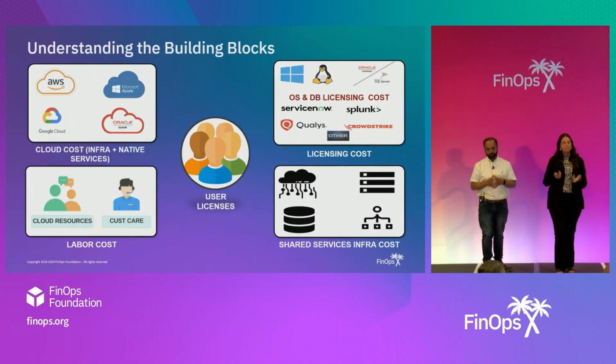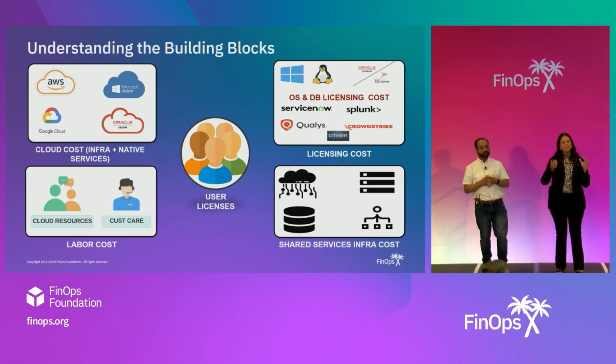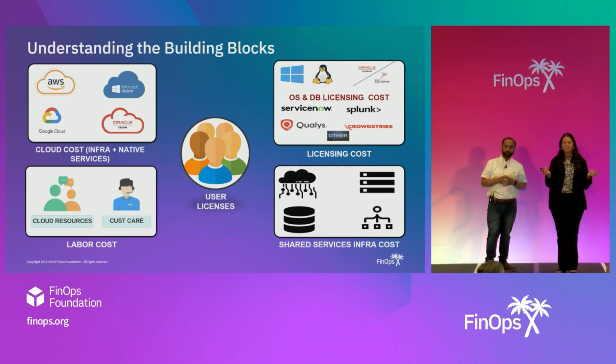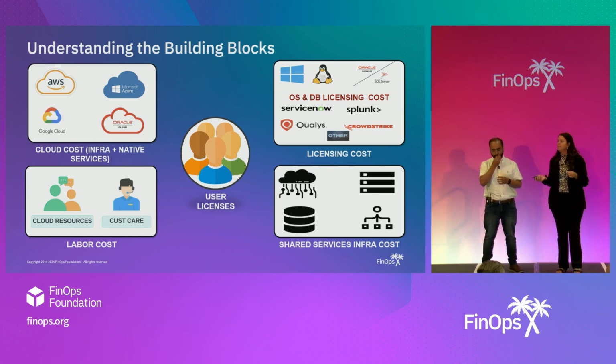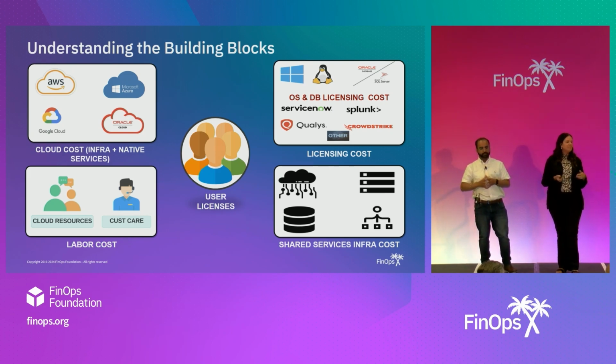This slide's going to take you on a bit more of a dive on those building blocks for our PEPI calculation. So when I say cloud costs, I'm looking at your cloud billing costs: AWS, Oracle, Google Cloud, Microsoft Azure. Licensing costs are going to be those third-party costs, right? Things like the cost of ServiceNow, Splunk, OS and database licensing costs.